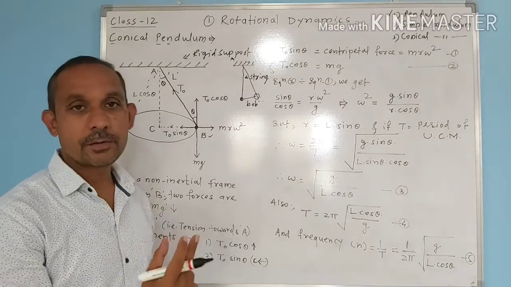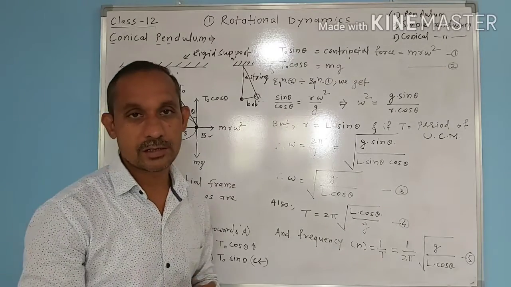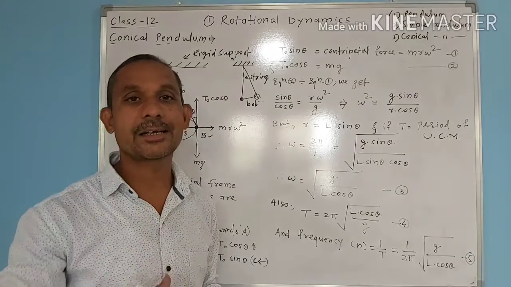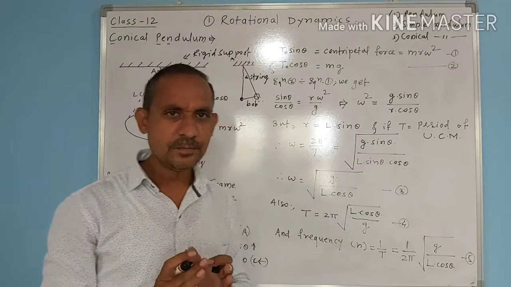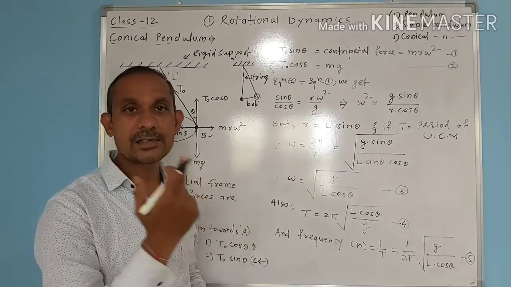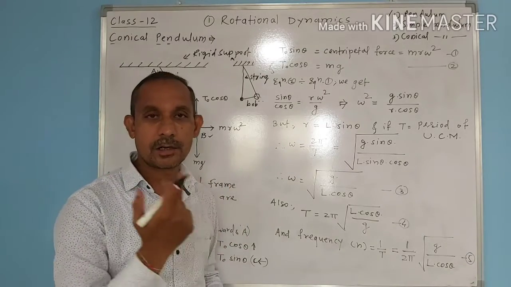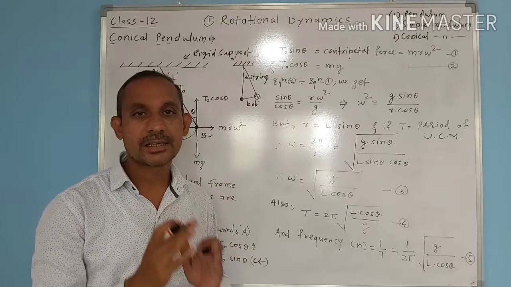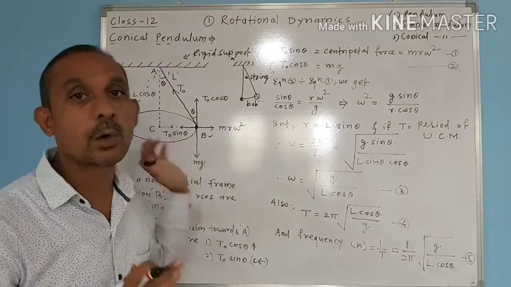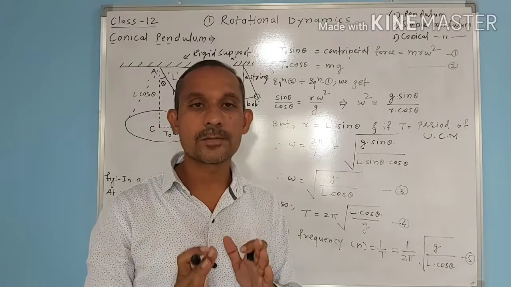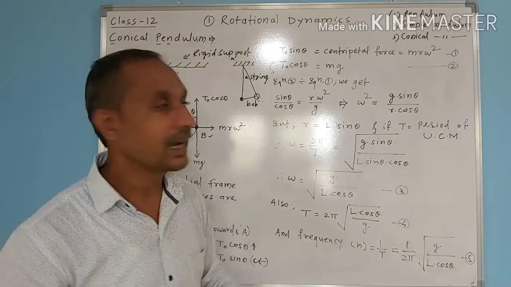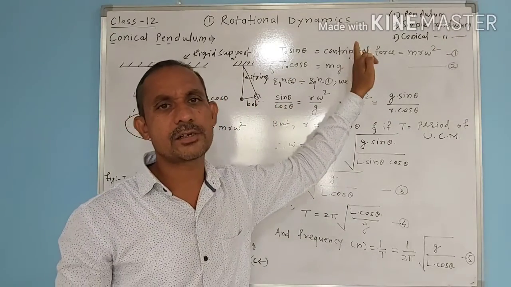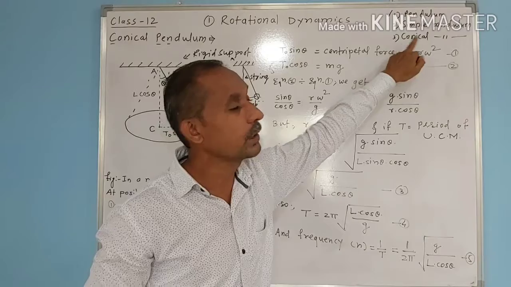When the bob is allowed to move in a horizontal circular motion, we get a situation like a cone. Such a pendulum is known as the conical pendulum.